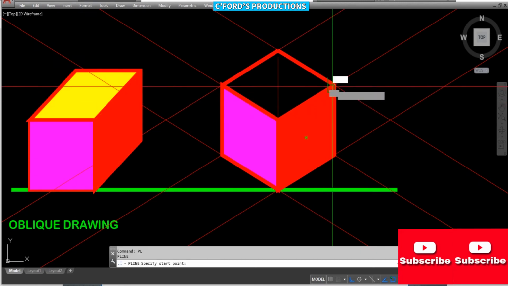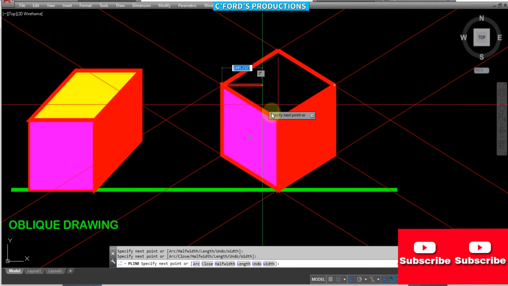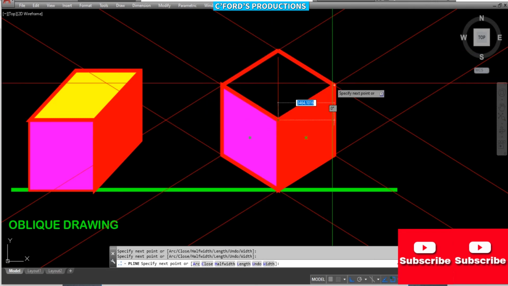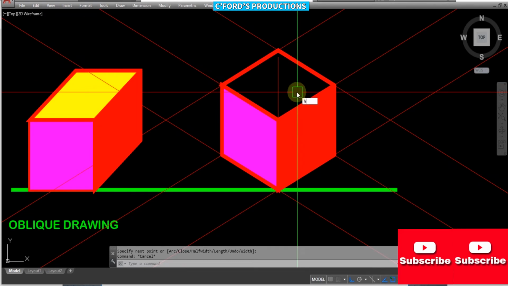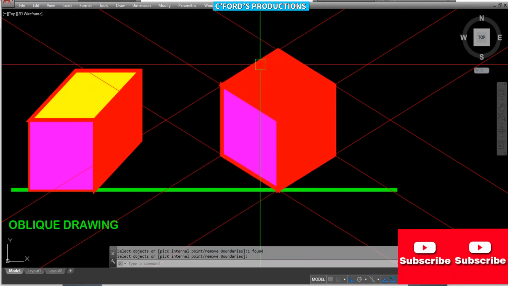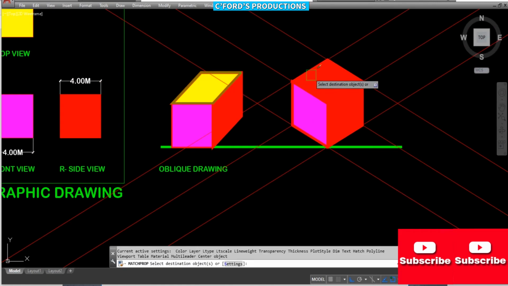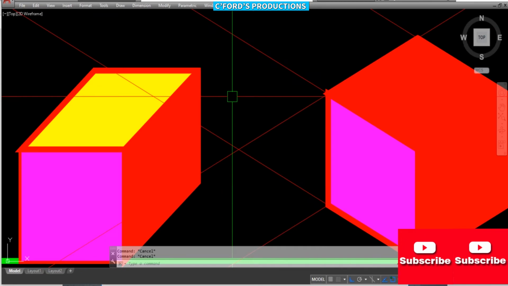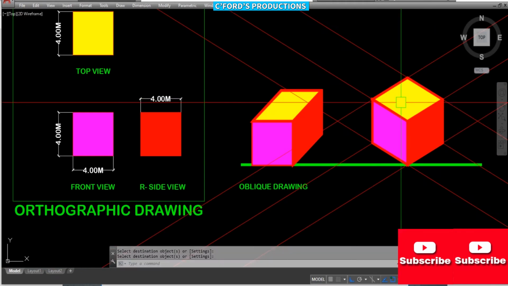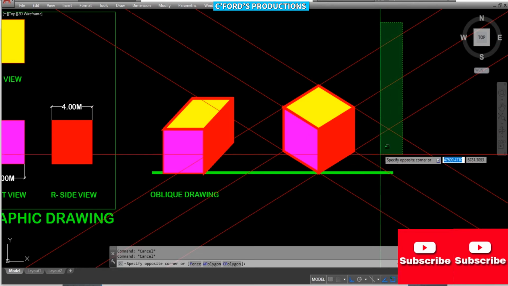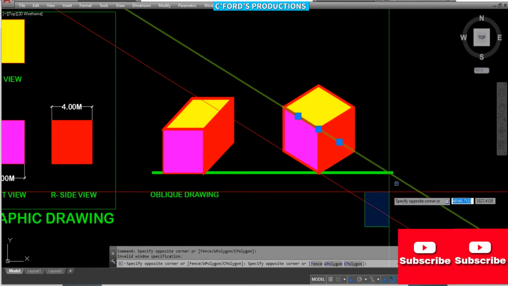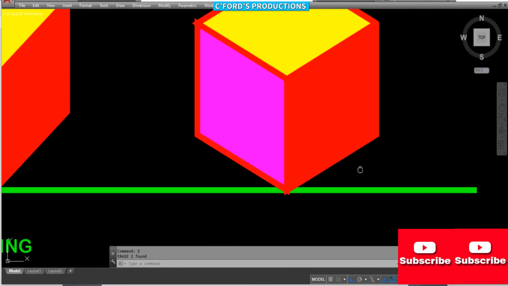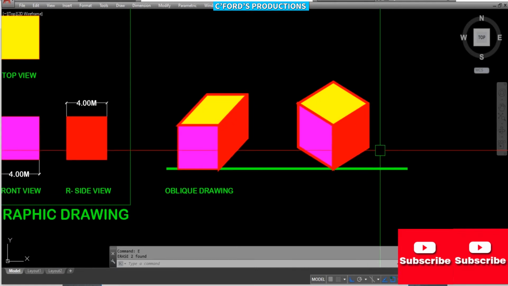Okay, so last one is the top view. So we'll delete the construction lines.